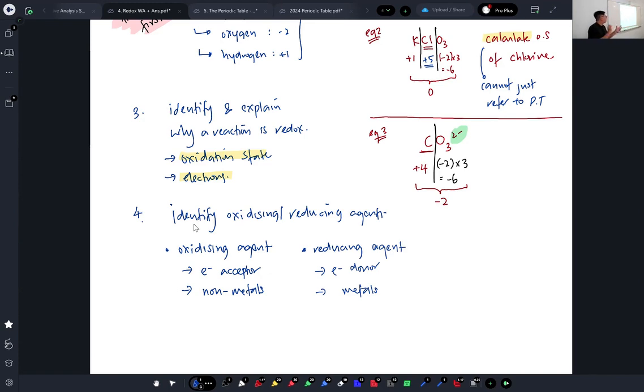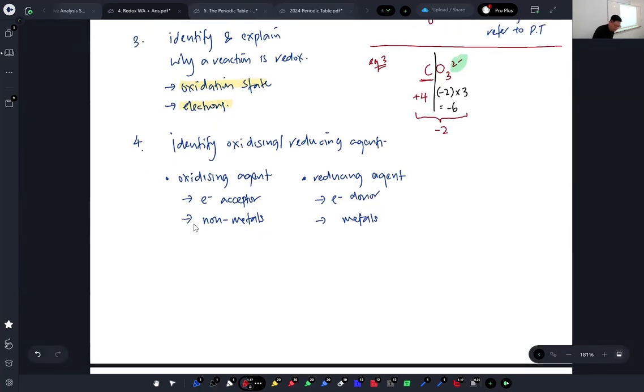Of course, they like to play around with terminology. So a stronger oxidizing agent just means a more reactive non-metal. A stronger reducing agent just means a more reactive metal. So just watch out for things like that. Sometimes you see the question: stronger oxidizing agent means more reactive non-metal.